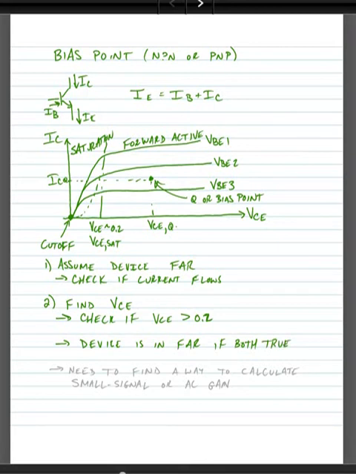Now once the device is in the forward active region, we need to find a way to calculate what the small signal or the AC gain of the circuit is.